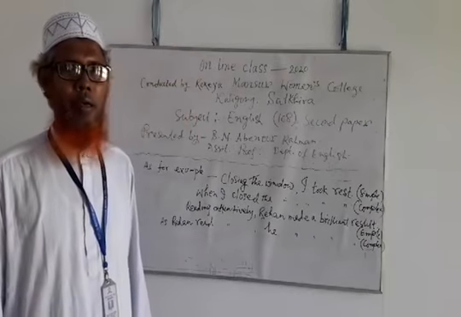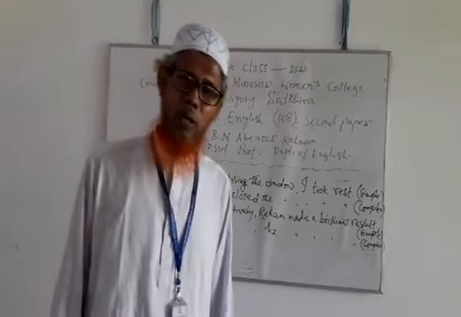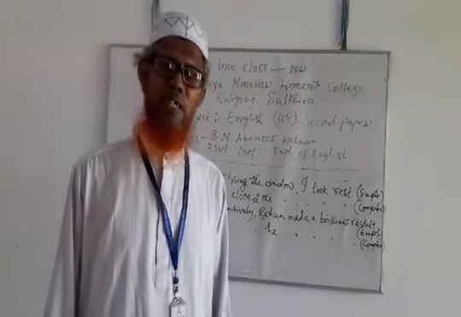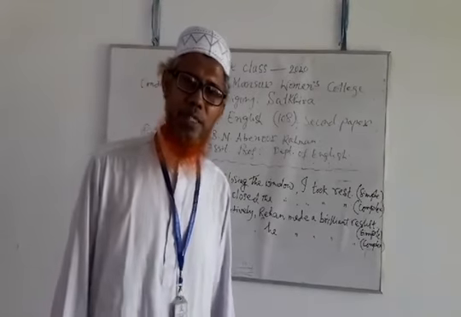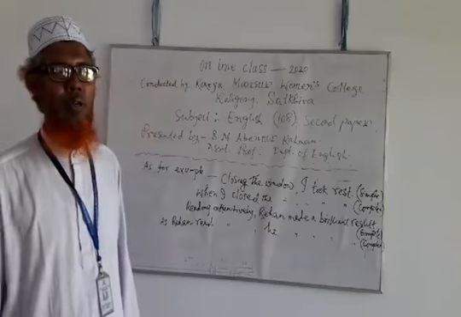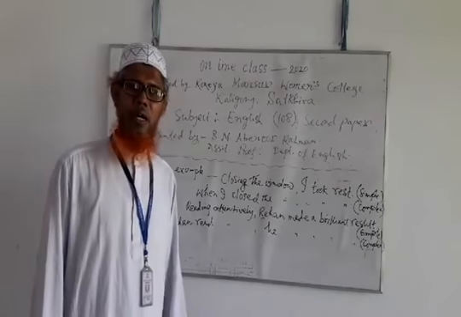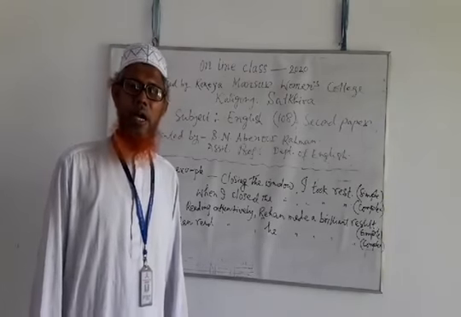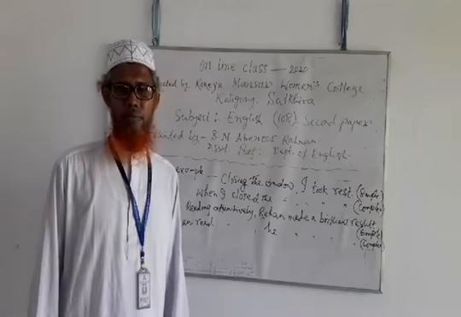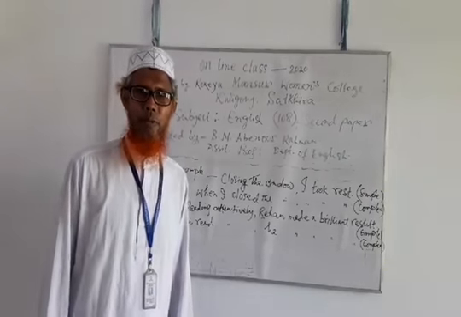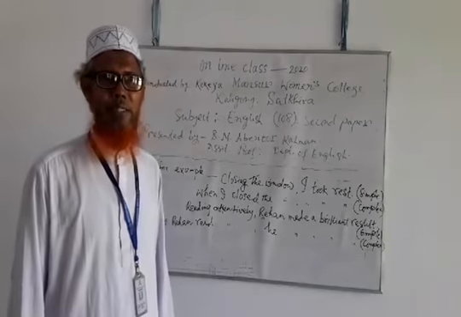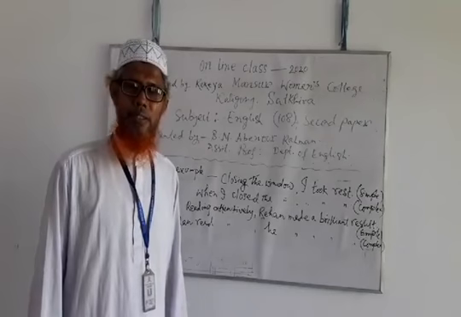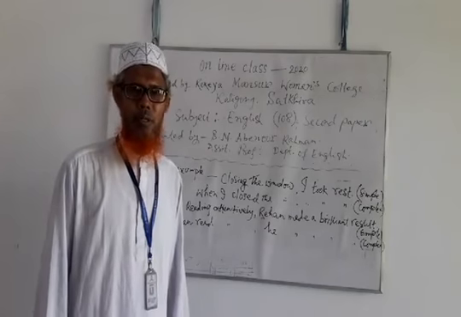Well, now can you say what a simple sentence is? A simple sentence is one which contains a subject and a finite verb, and it acts as the main clause.